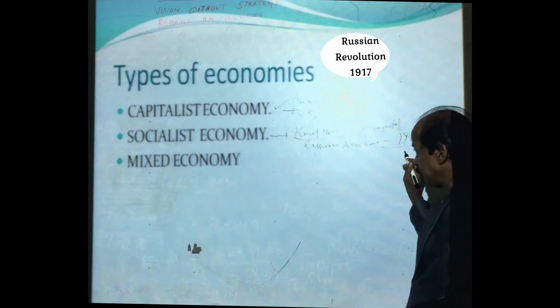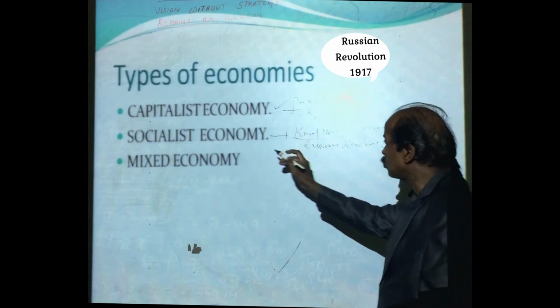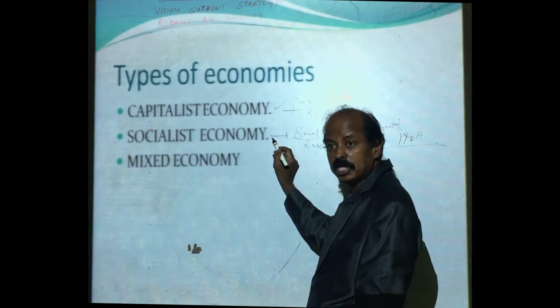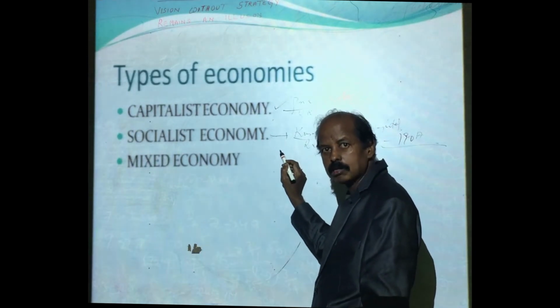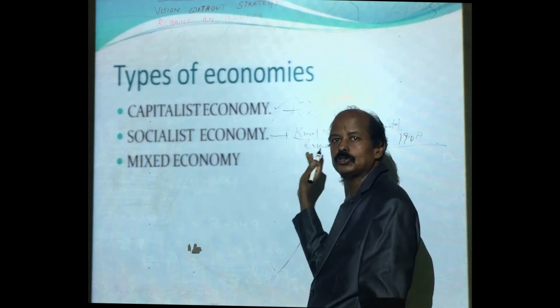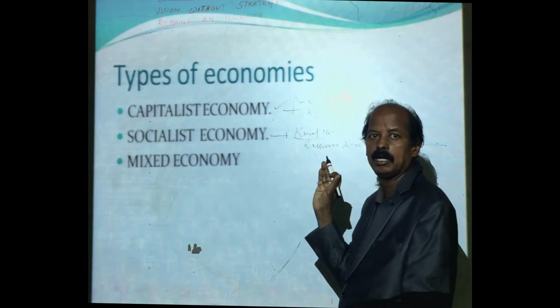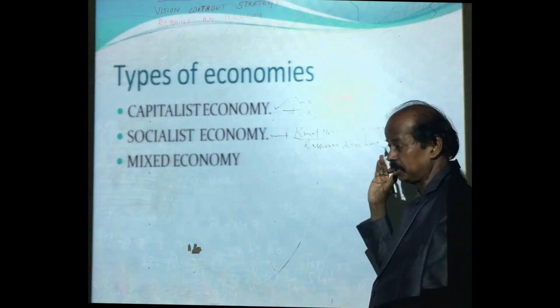As a result of the Russian Revolution, a new economic system called socialist economy came into existence, first in the USSR, then it spread to other countries like Bulgaria, Romania, so many socialist countries.